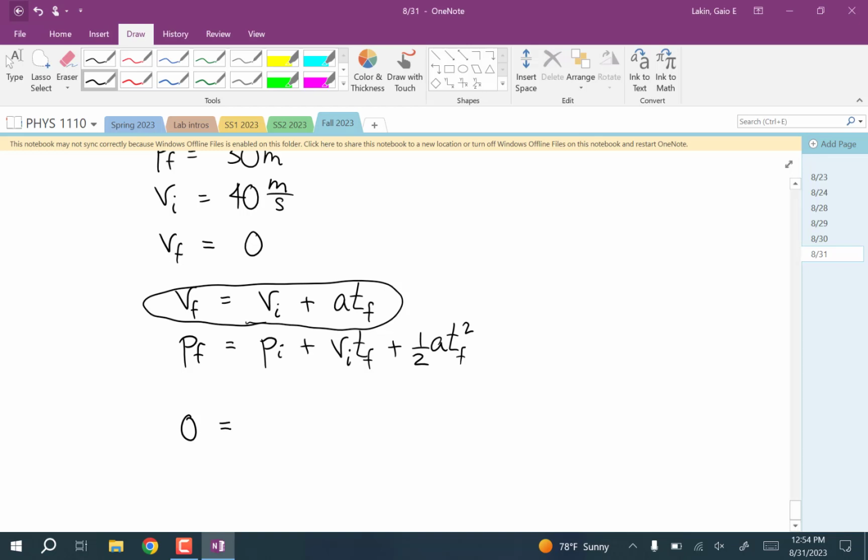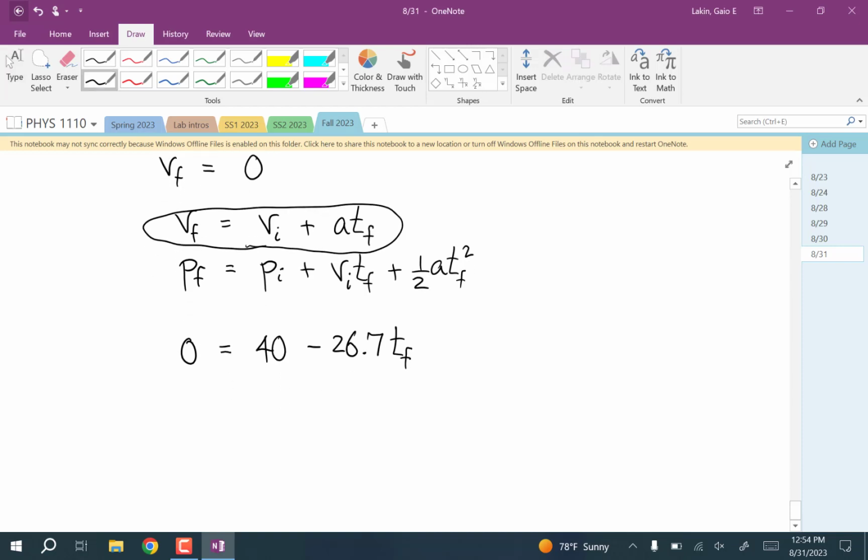So V initial is 40. Acceleration is negative 26.7 times TF. Add 26.7 TF to both sides. That's equal to 40.